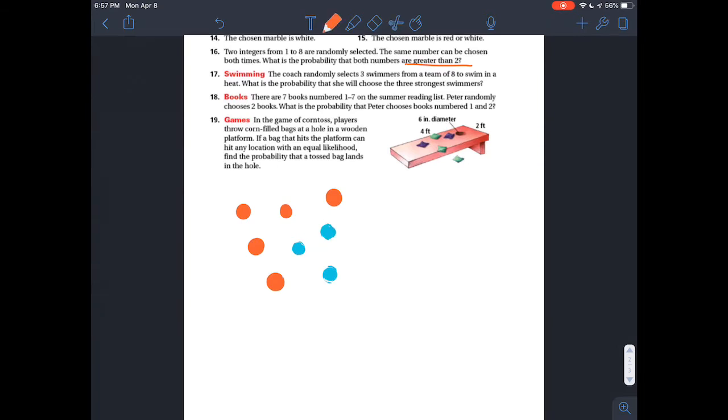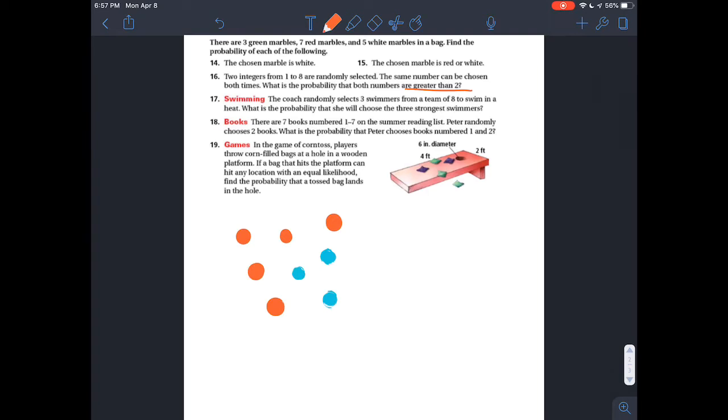Okay, so one way we can think about this is that for the first swimmer chosen by the coach, what is the probability that the first chosen swimmer is one of the 3 blue fast swimmers? Since there are 3 of those out of a total of 8, the probability would be 3 over 8. Okay, so now this one has been chosen, so now we just look at the remaining ones.